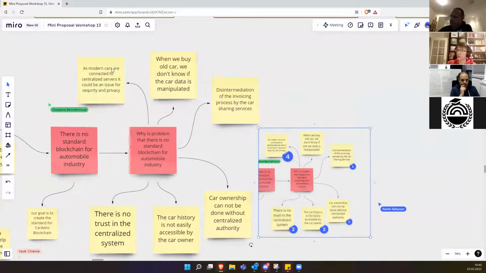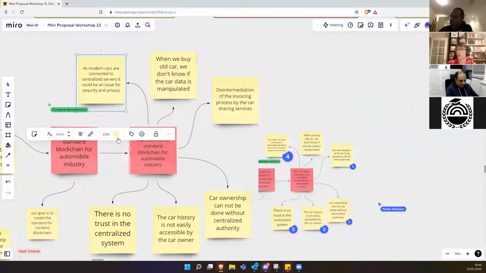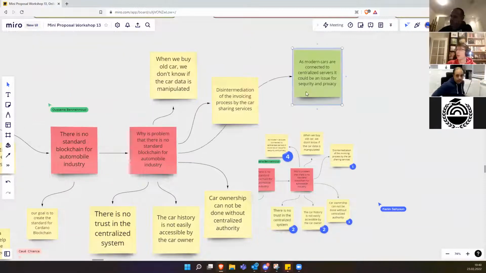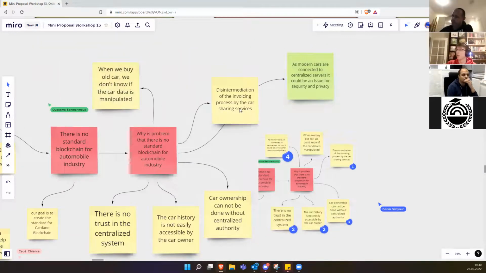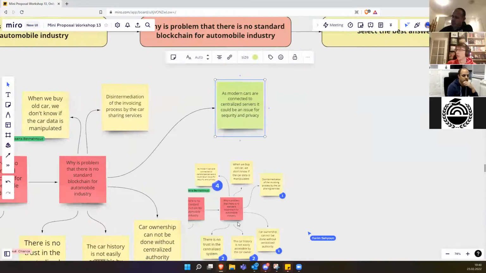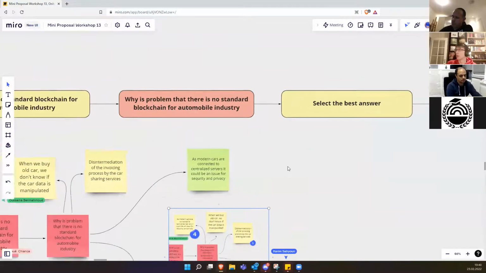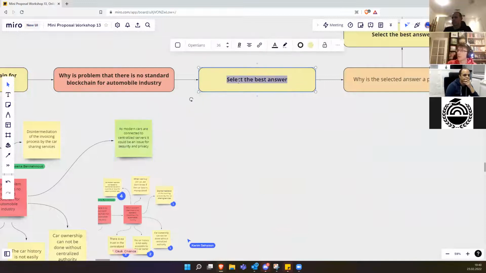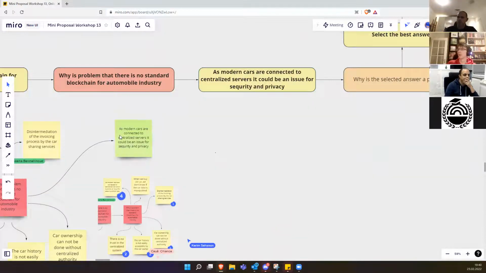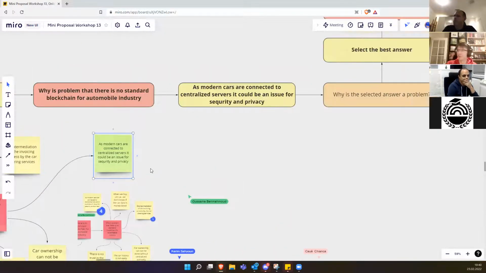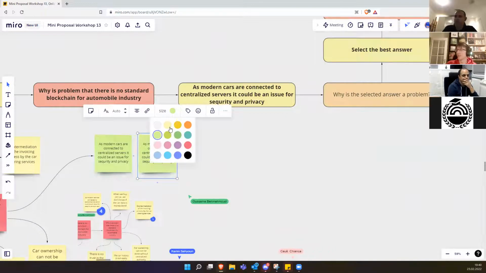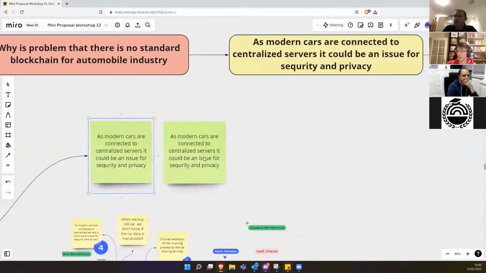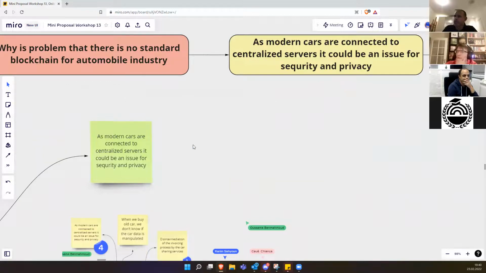Okay, so we are going to choose: modern cars are connected to centralized servers. As we selected this, I'm going to turn it green, and we're going to change it into a problem statement again. It's the best answer, and I think we need Karim's help again to revert it into something, or maybe this is already a problem statement.